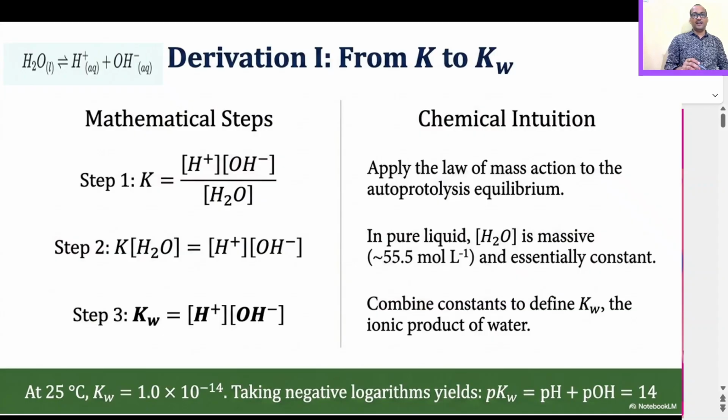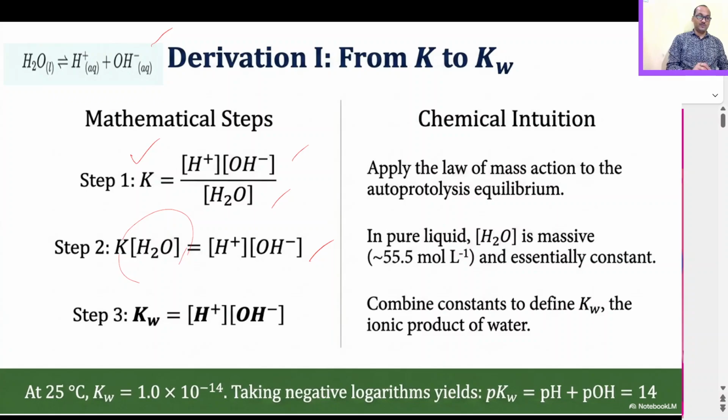So now again we can derive the ionic product of water. When water ionizes, it gives H+ and OH- ion. So we can write the ionization constant as H+ concentration times OH- ion concentration divided by water concentration. So K times water concentration becomes H+ concentration times OH- ion concentration. Since the concentration of water is 55.5 molar, that is taken as constant.